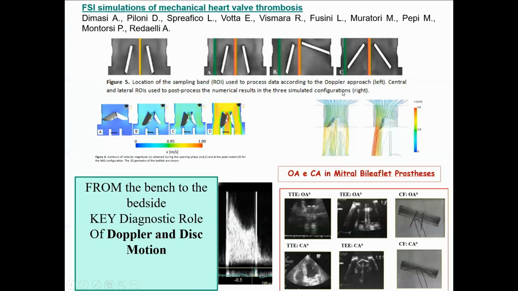So this is extremely important, and for this reason, we had a lot of data concerning simulation with the Politecnico of Milano, and we demonstrated that the key diagnostic role is to have not only the Doppler gradient, but also the disc motion.